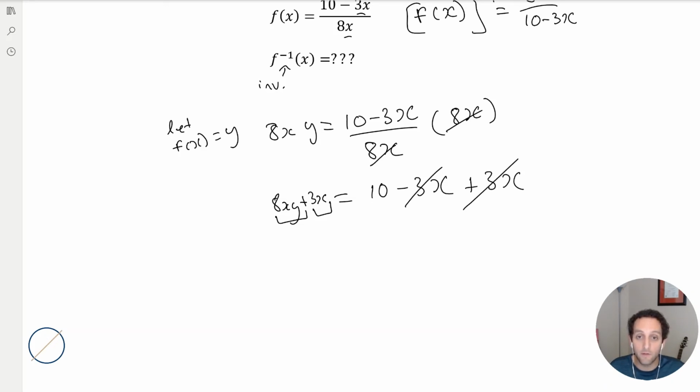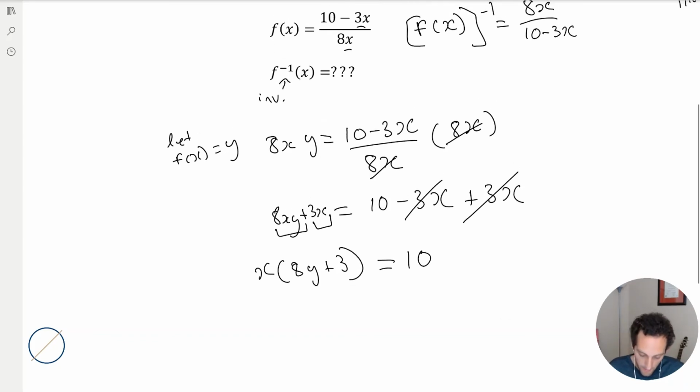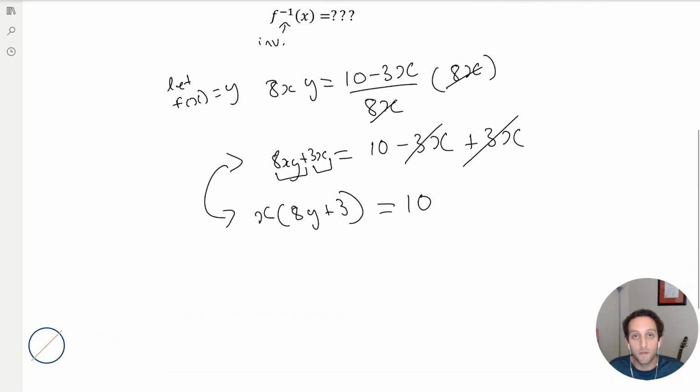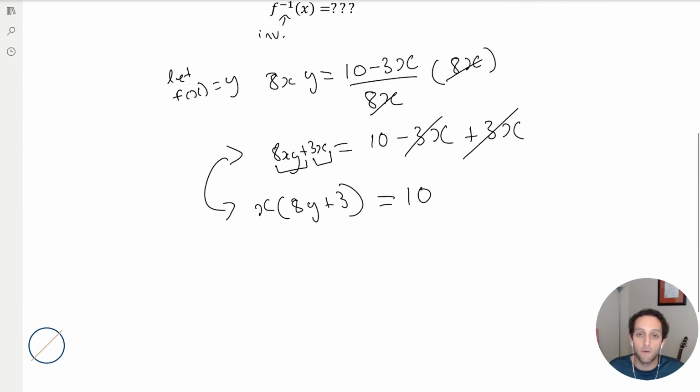Essentially, what's a factor between the two groups is an x, so we could divide out the factor. And we do that by pulling it in front, just like that. And these are equivalent statements. They mean the same thing. It's just that one is manipulated with a divisor out.